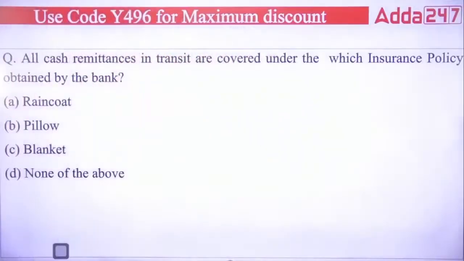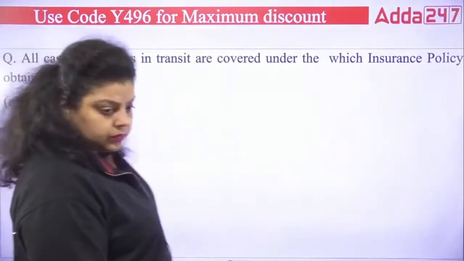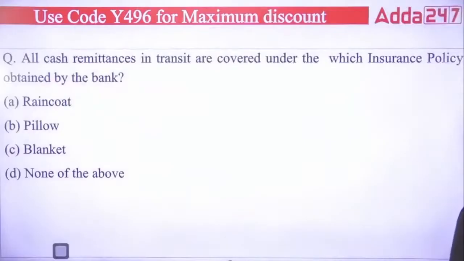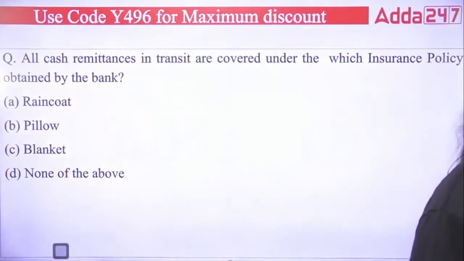Now, all cash remittances in transit are covered under which insurance policy obtained by the bank? Is it a raincoat? Is it a pillow? Is it a blanket? Or is it none of the above? So, which insurance policy is it?